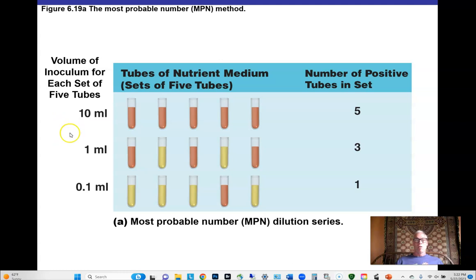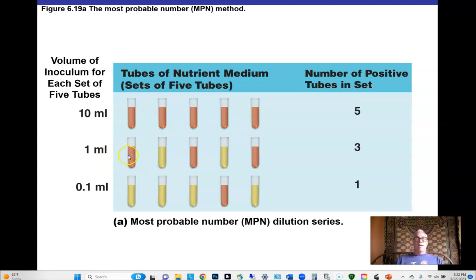And so we might take a water sample and inoculate 5 identical tubes of broth with our water sample. We're going to wind up with 10 mils in each tube every time. The first set of tubes, we might put 5 mils of double concentrated broth and add 5 mils of our test water into there and let those grow overnight in the incubator.